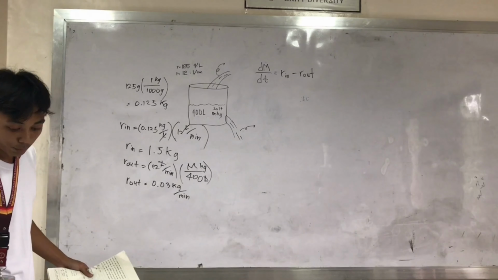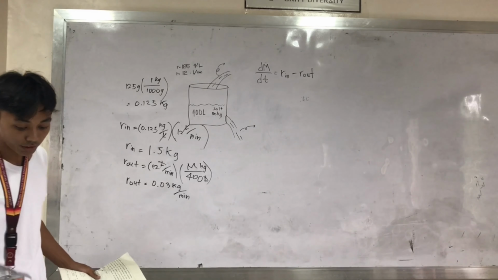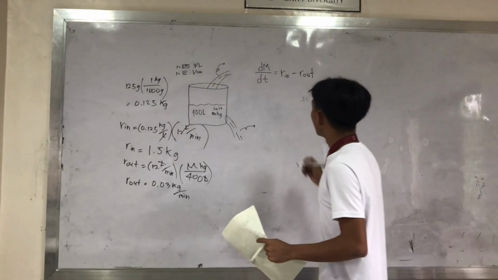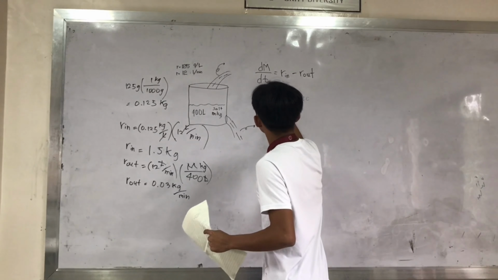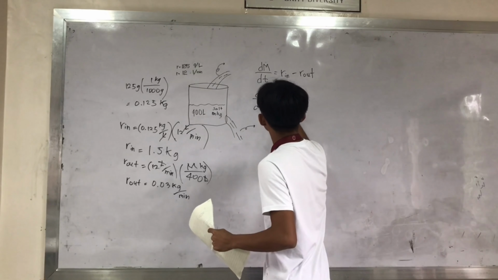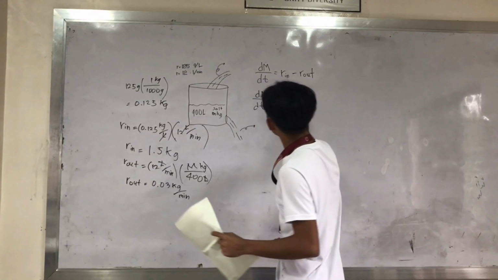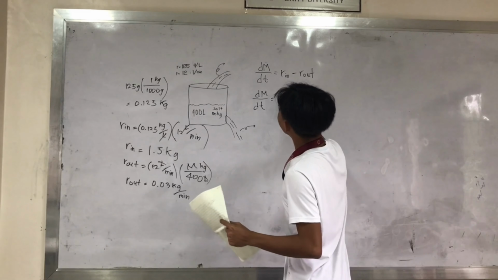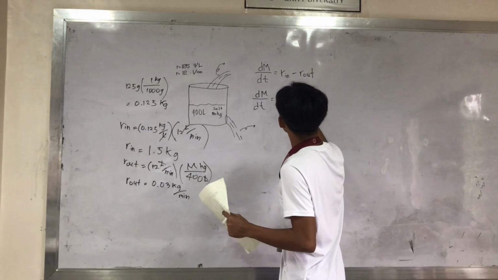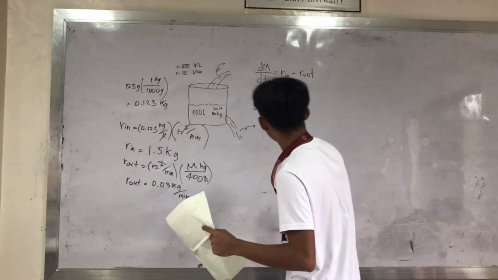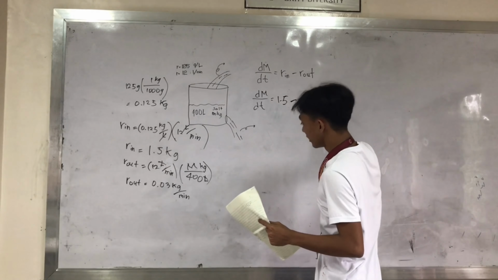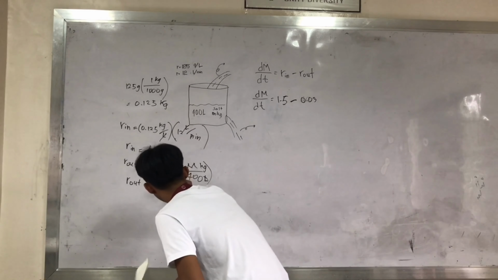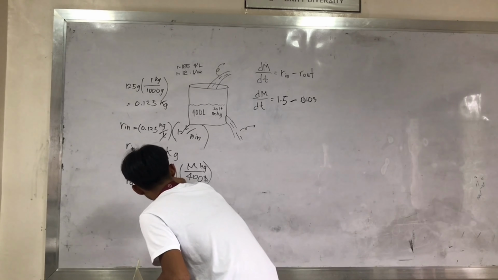Now substitute it to the formula and form the general equation for the first order linear DE. The formula is dm over dt is equal to Rin minus Rout. dm over dt is equal to, the Rin is 1.5 kilogram per minute, minus Rout. The Rout is 0.03 M. We forgot the M actually.